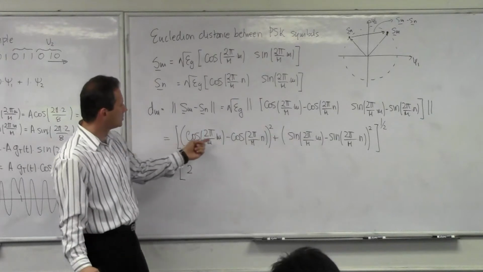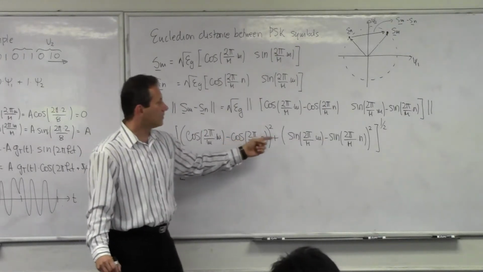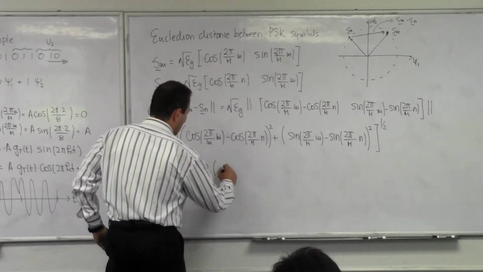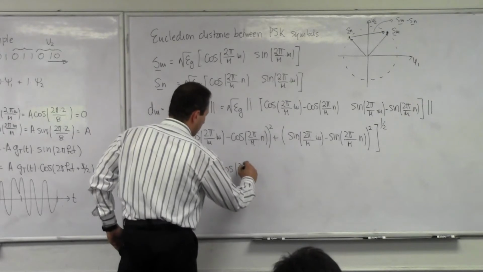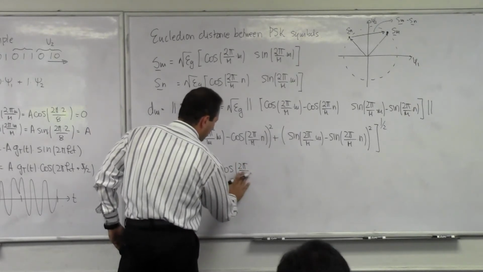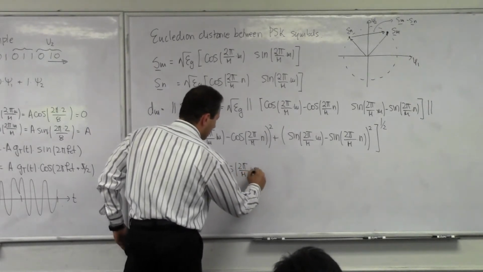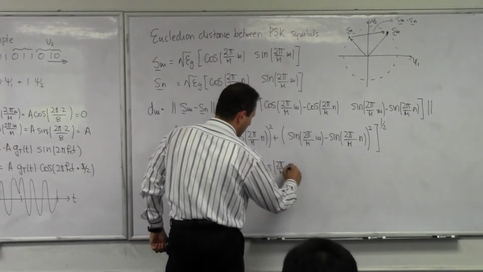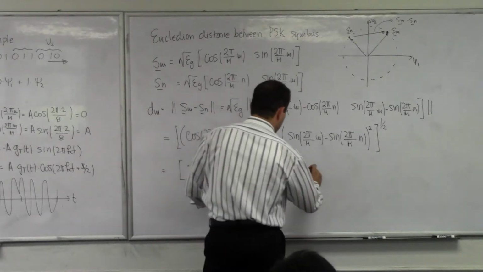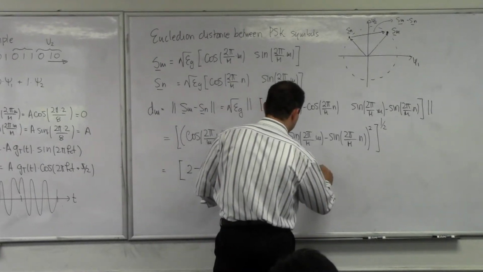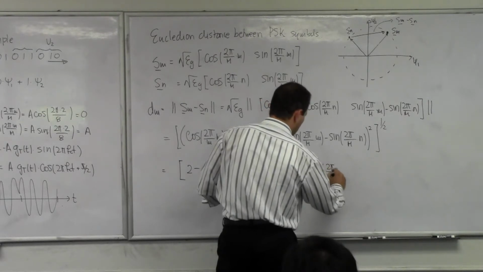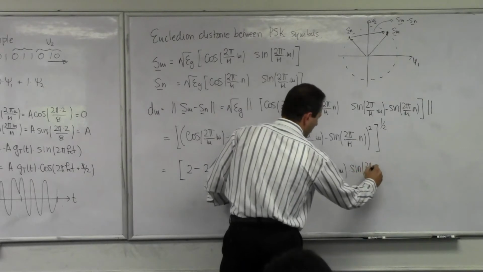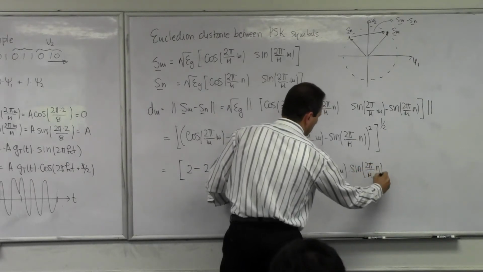Now from here I have minus 2 this times this, and from here I have minus 2 times this. So I have minus 2 cosine 2 pi over capital M times m, cosine 2 pi over capital M times n, minus, actually plus, sine 2 pi over capital M times m, times sine 2 pi over capital M times n.